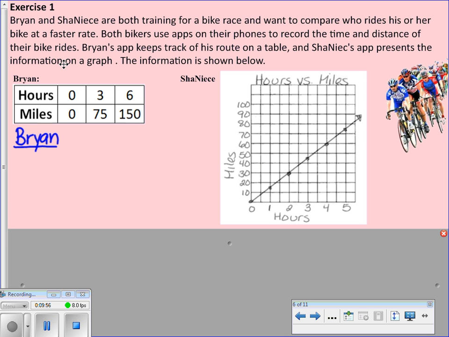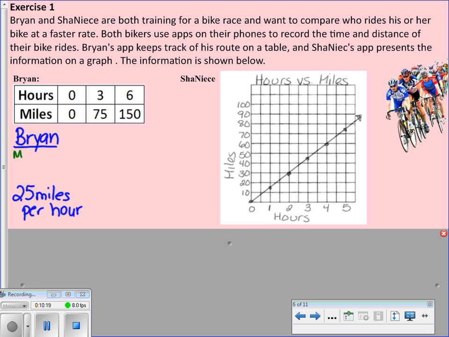How did you get 25 miles per hour? You have the correct answer, but you have to show evidence to support your claim, just like ELA. Well, here, let's look at miles per hour.